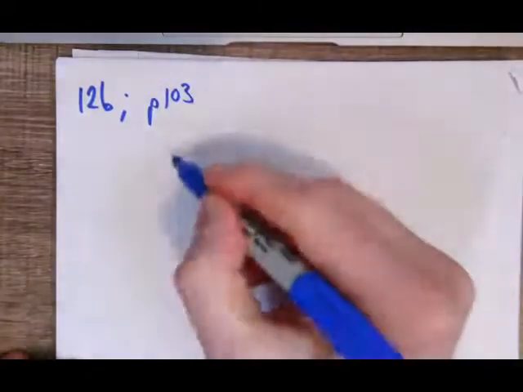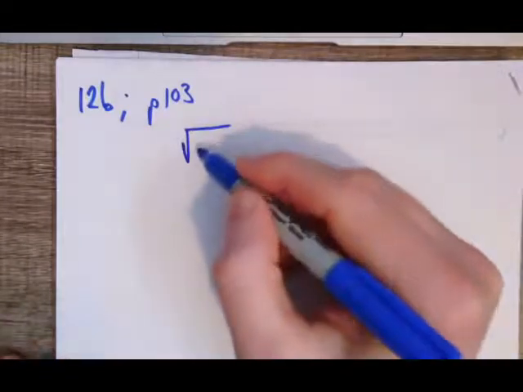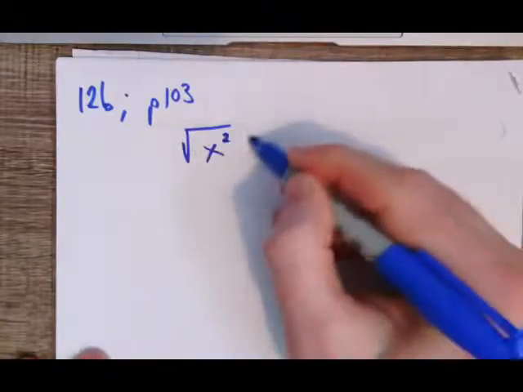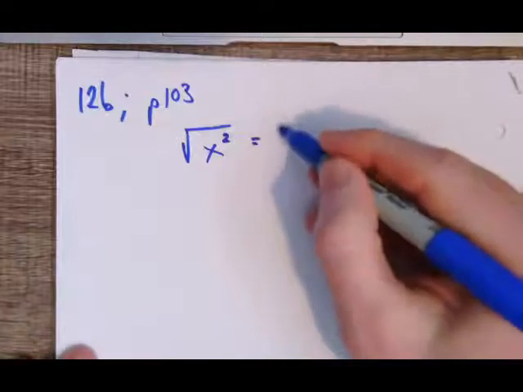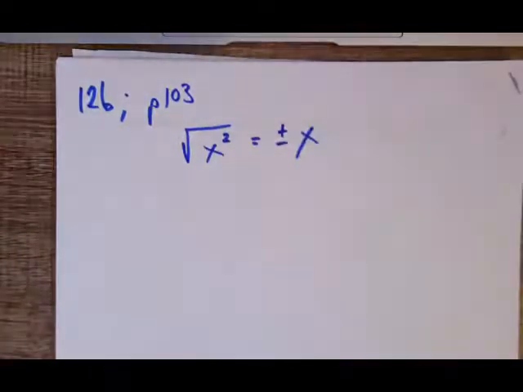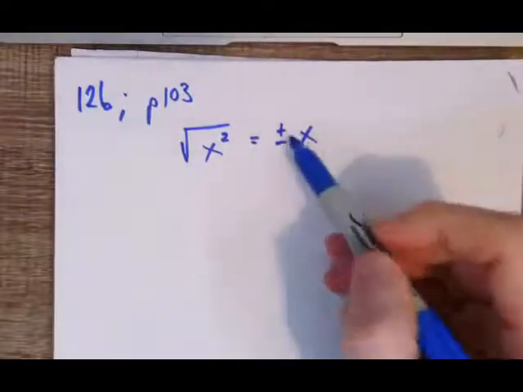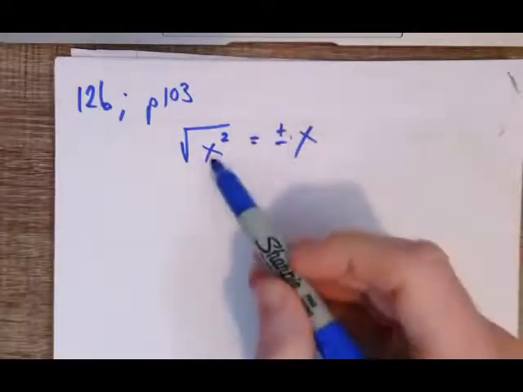It's given us the square root of x squared equals plus or minus x. Oh, this kind of relates to what I was just saying about when x equals something. It may not be plus or minus x because it depends on what the value of x is.